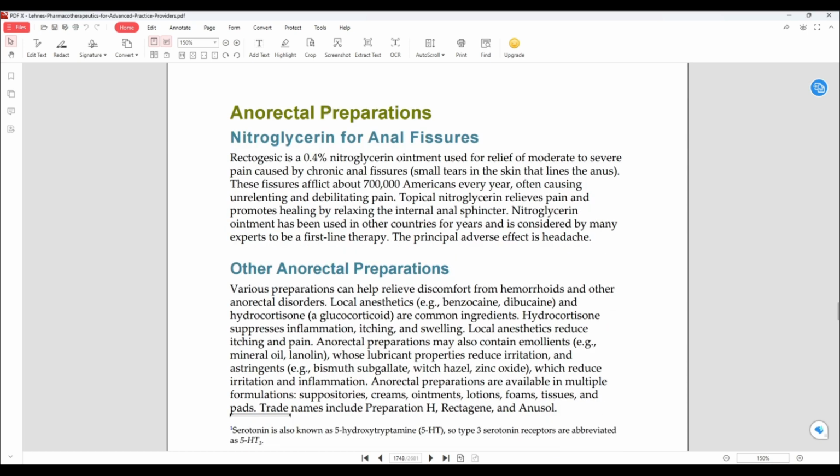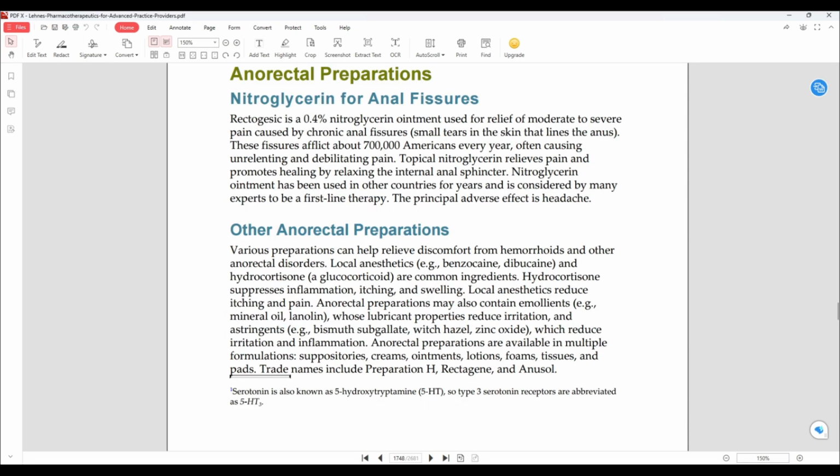Which brings us now to the anorectal preparations, starting with nitroglycerin for anal fissures. Rectogesic is a 0.4% nitroglycerin ointment used for the relief of moderate to severe pain caused by chronic anal fissures. So, small tears in the skin that lines the anus.